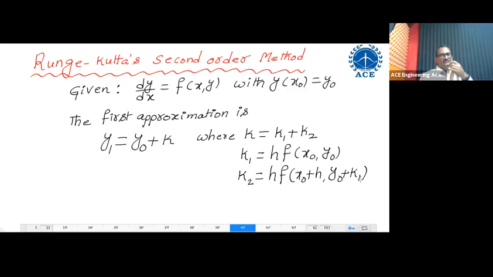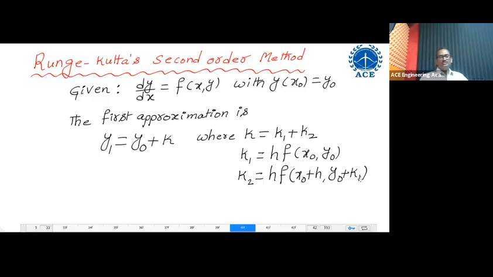Listen to me, everyone. Solve one problem using a Taylor series up to second derivative, and solve the same problem using Runge-Kutta's second order method. Both give almost the same answer.